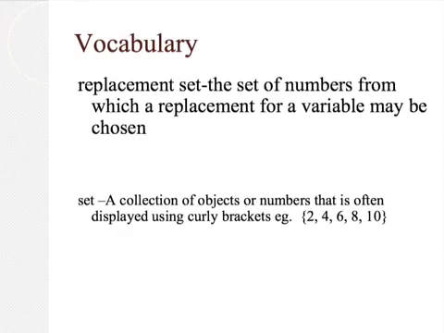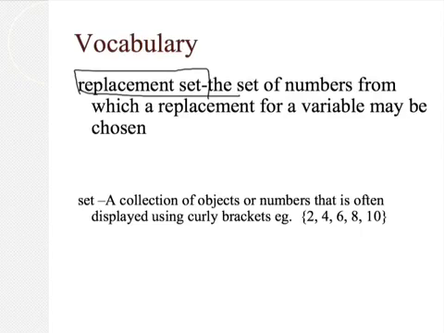A replacement set, which I probably should have defined before we did the last slide, is the set of numbers from which a replacement for a variable may be chosen. This terminology is really specific to our text, and what they're doing in using this language is kind of gearing us up for the concept of domain.